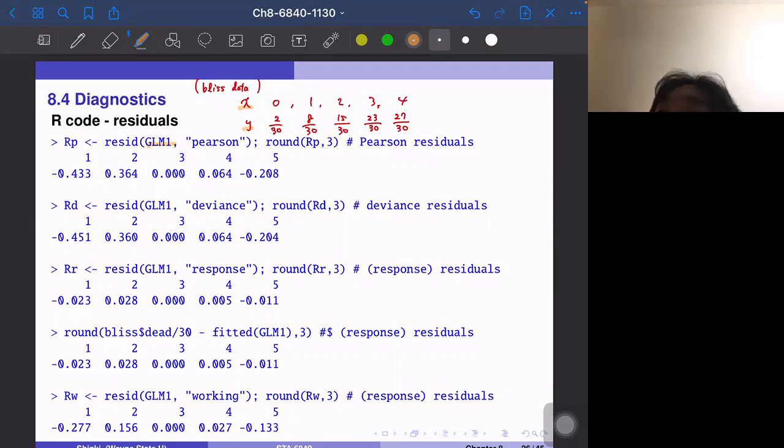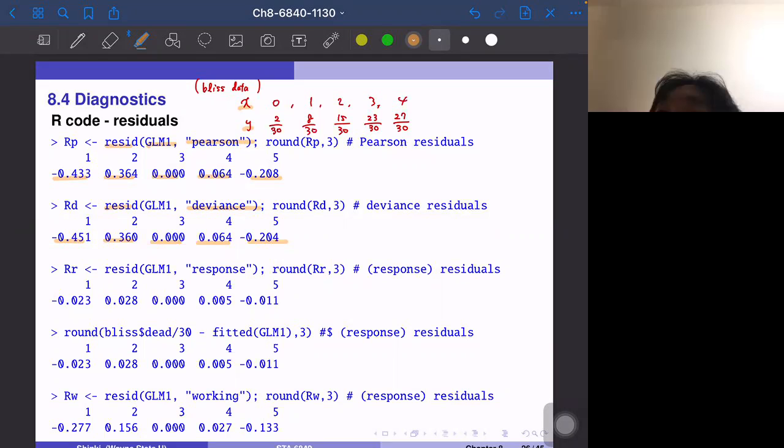At first, the Pearson residuals. And this is the deviance residuals. Even though the definitions are totally different, these are similar numbers. You can specify Pearson or deviance in the residual function to get these numbers.